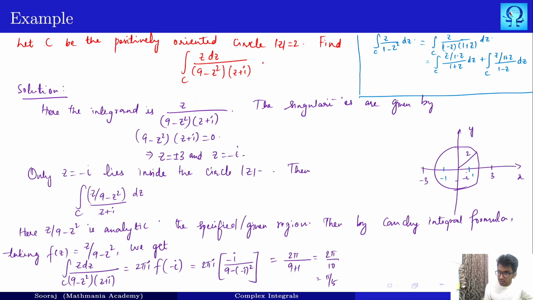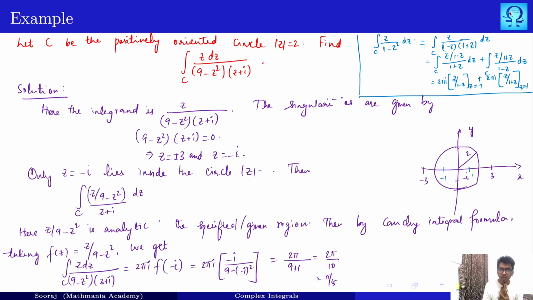Here, considering this as the singularity, you have 2 pi I, evaluate this quantity at z equals minus 1, then plus 2 pi I, then you will have to evaluate z upon 1 plus z at z equals 1. Just evaluate and take a sum, that is going to be our integral value.